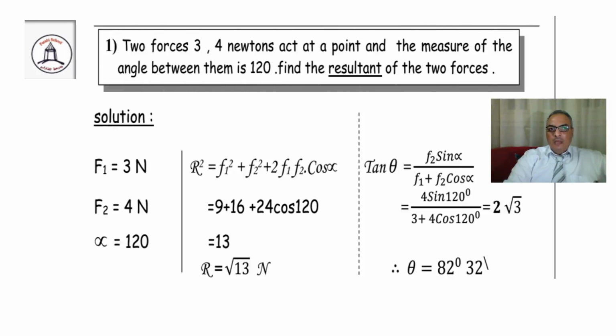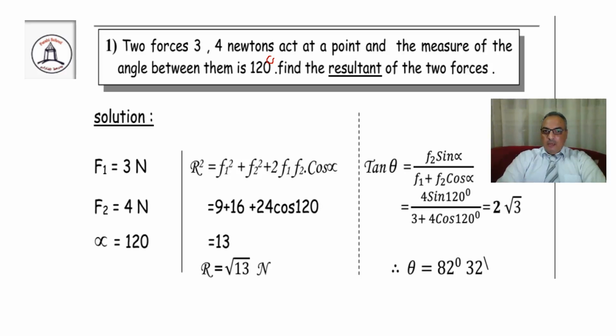For example, two forces 3 and 4 Newtons act at a point and the measure of the angle between them is 120 degrees. Find the resultant of the two forces, and the angle theta, or direction of the resultant, with the first force.